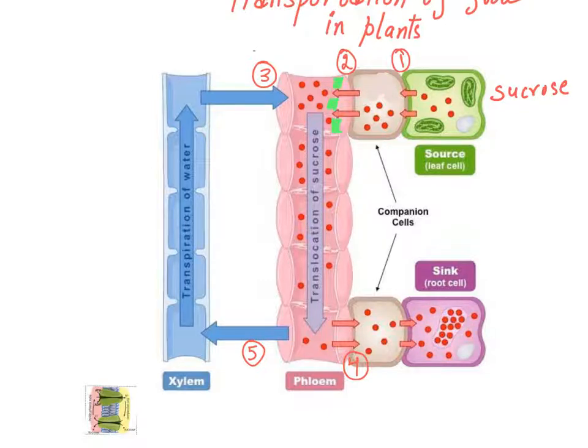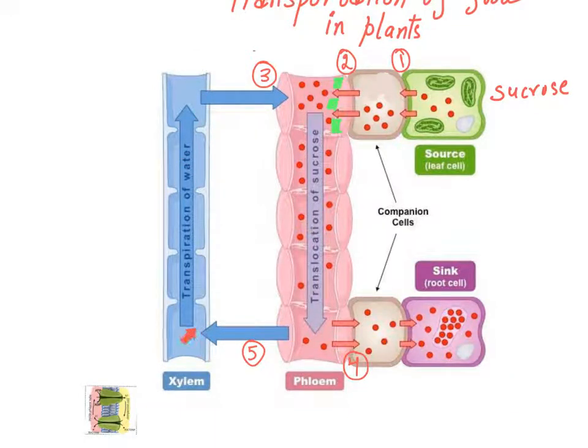Now after this, all sucrose molecules will be transported into the root cell. So here solute concentration will be less because most of the sucrose will be transported into the root cell. So what will happen? Water will move back into xylem. Here nothing is shown, only water is shown, but we know that some minerals are present here also.